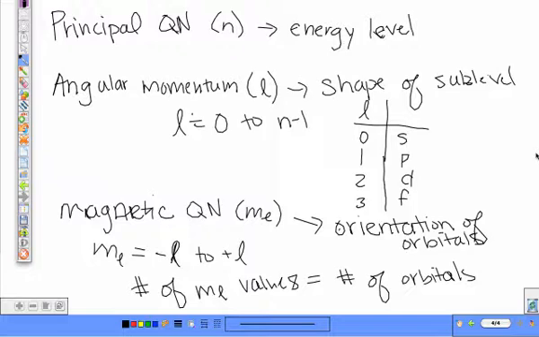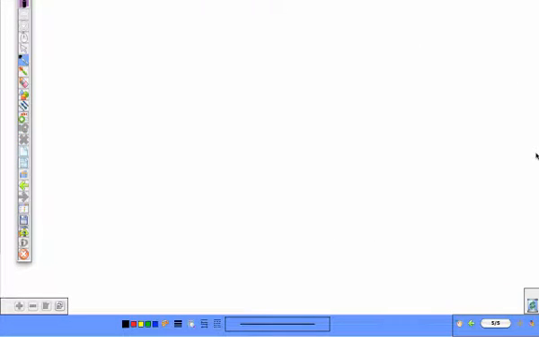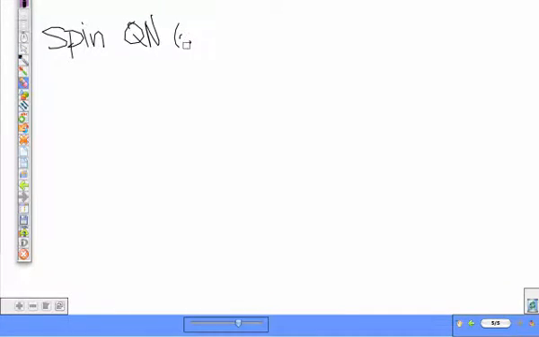Number of ML values equals number of orbitals. Yes.